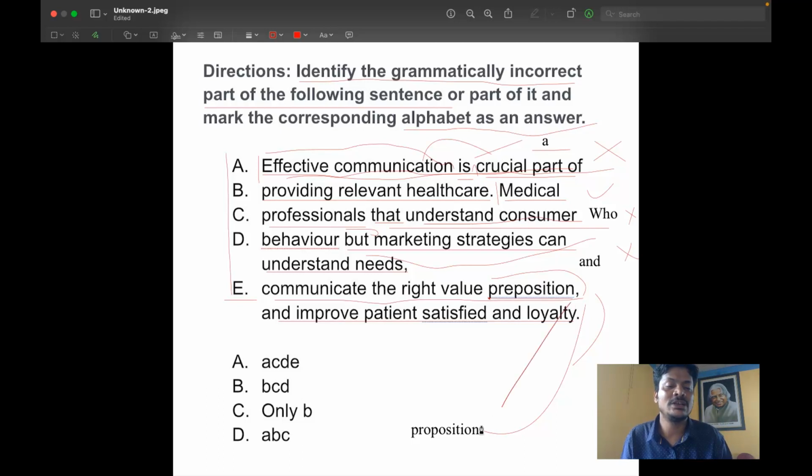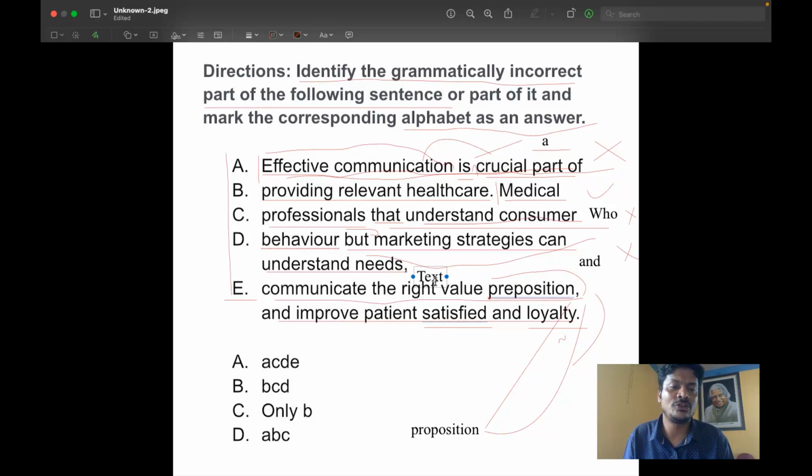So you would find one error in option E. But look at the other part of the sentence: and improve patient satisfied and loyalty. Now, loyalty is a noun, but what about this satisfied? Satisfied is not a noun. It should be made satisfaction. That would be the correction, isn't it?